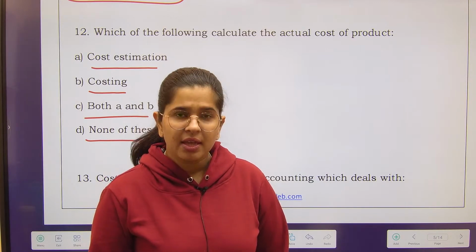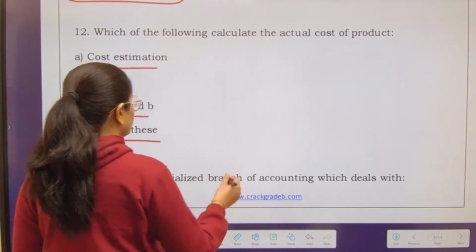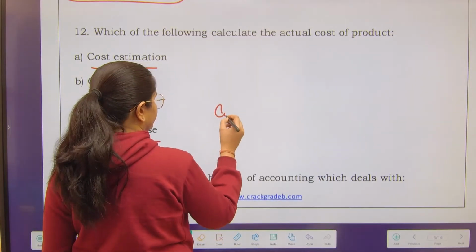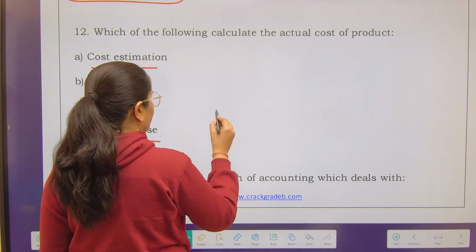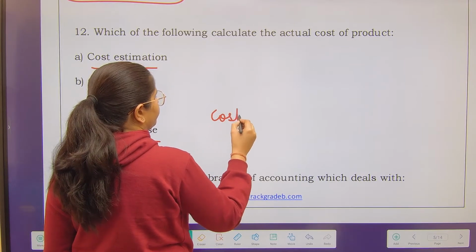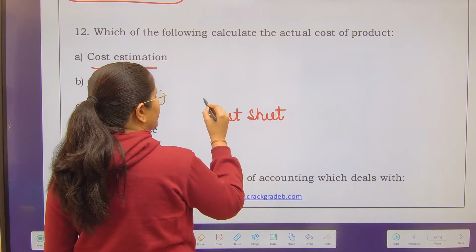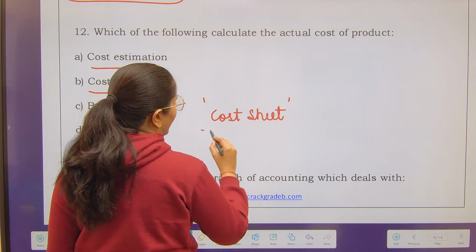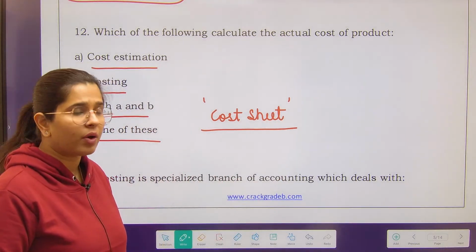In reality, the actual cost of a product is maintained through the cost sheet. Cost sheet is the document in which your actual cost, whatever has been incurred, is written down.